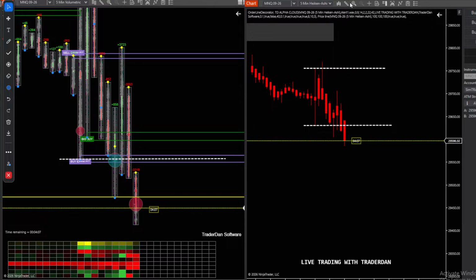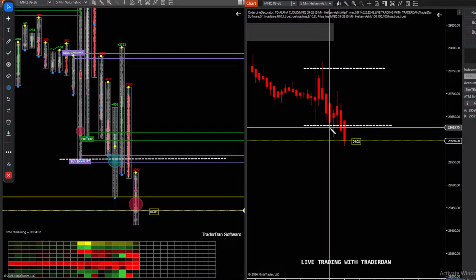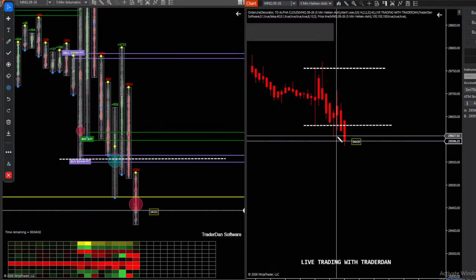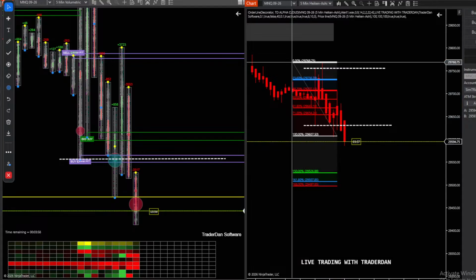This is the swing, so we come down lower. Where do we go? Let's mark it up. I swear we should hit that upper box. It'd be this low here that we just put in.